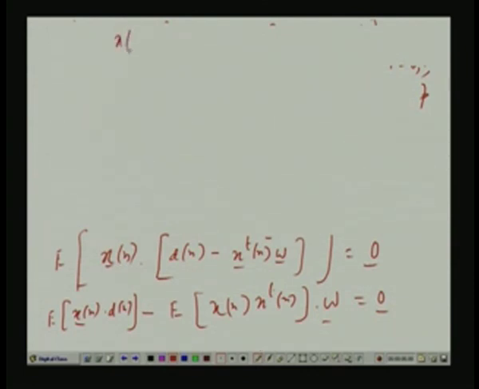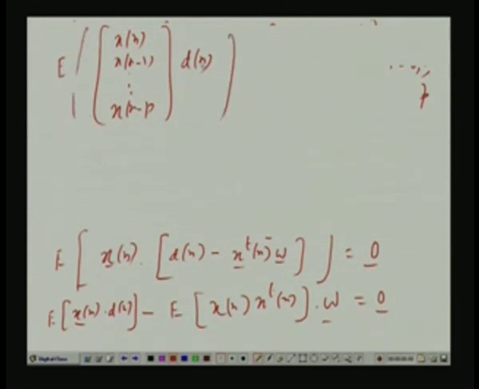This is d n into x n, cross correlation with lag 0, d n into x n minus 1, cross correlation with lag 1, finally up to lag p. Okay. This I denote as some vector.